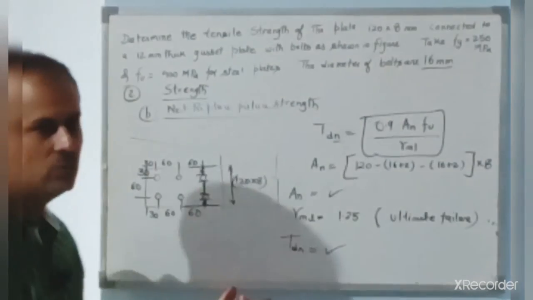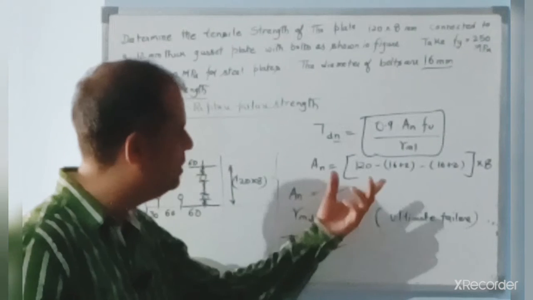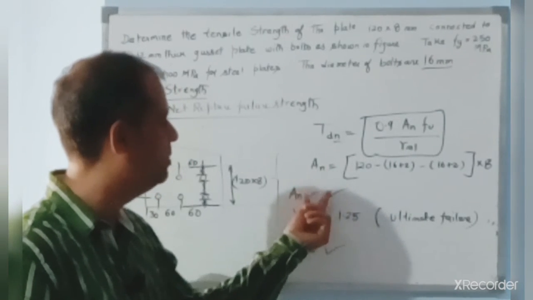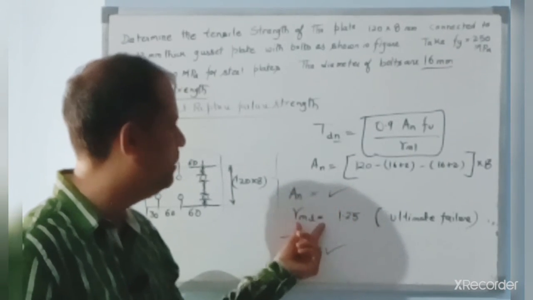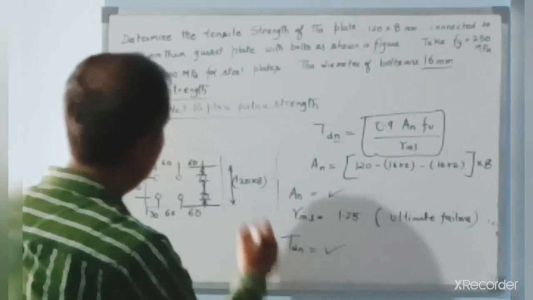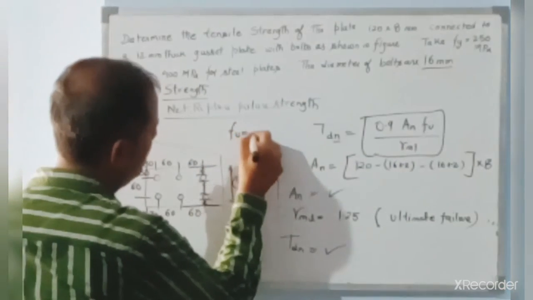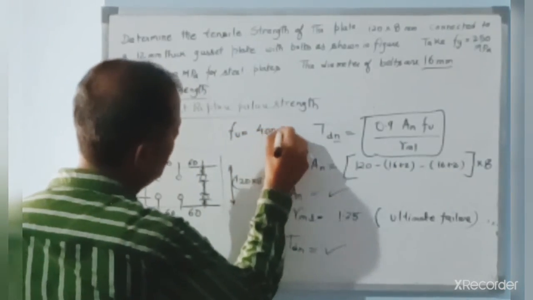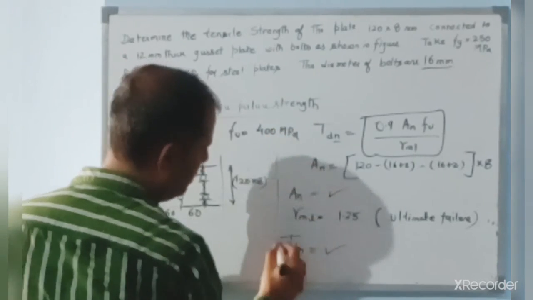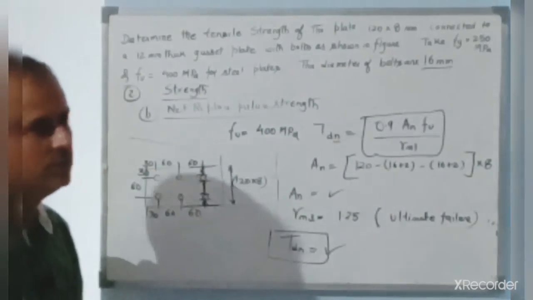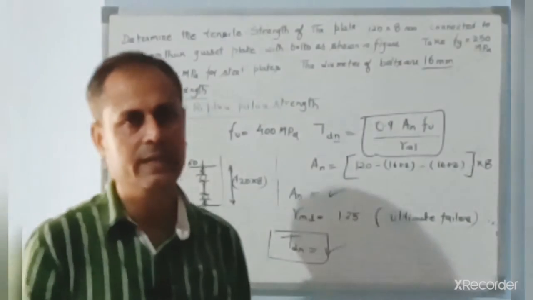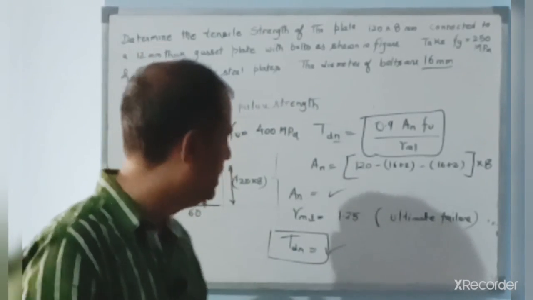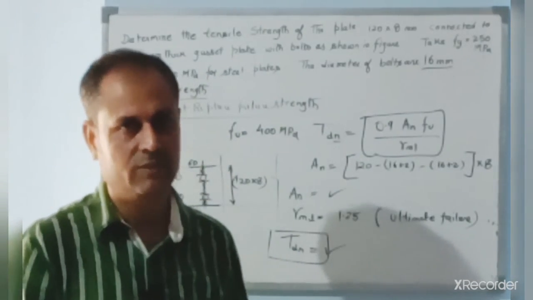I am not going to calculate it. You can easily put in the value calculated for net area, gamma m1 and Fu. All of it is given in the example itself, it is 400 megapascal. So we can calculate the net rupture failure strength of the tension member. We have already calculated the gross failure strength, and now we have calculated the net rupture failure strength.